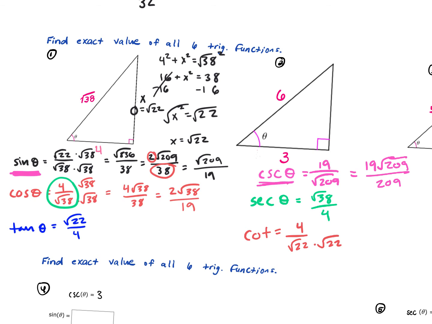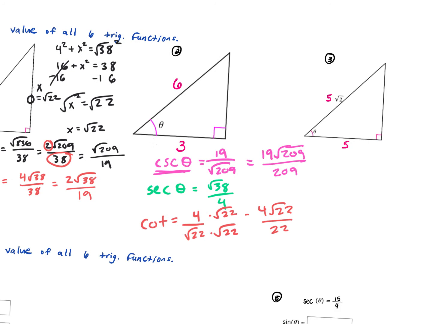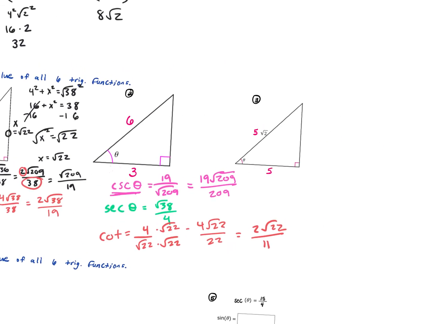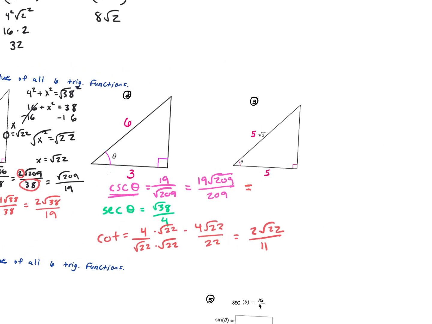Rationalize it. Four square root 22 over 22 simplifies as 2 square root 22 over 11. So this simplifies to 2 square root 209 over 11.